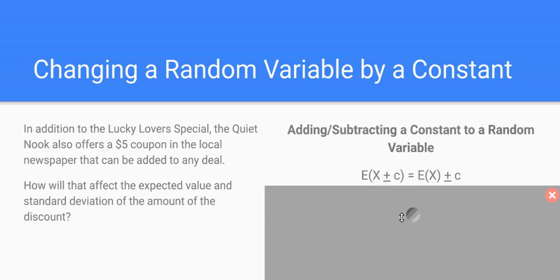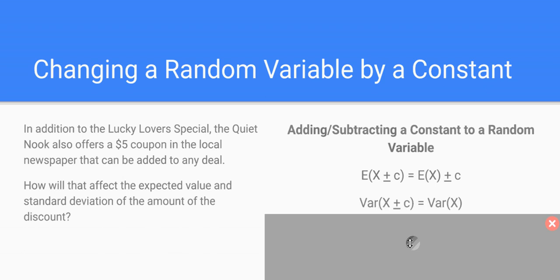So if you've got some constant that you're adding or subtracting to this variable, it will just add or subtract that amount to it. So in this case, it would add $5 to it.